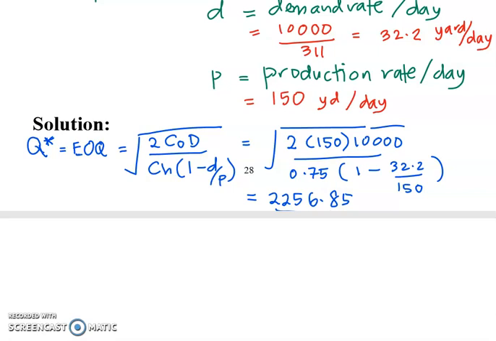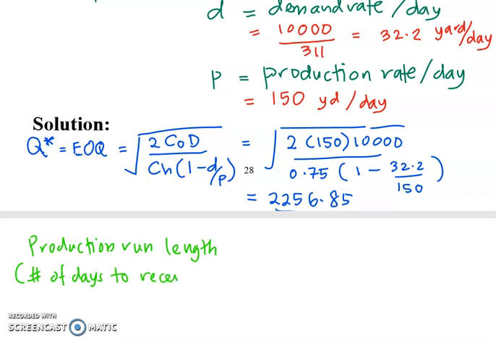So the number of days to receive orders completely. Because every time you place an order, you only receive 150 per day.